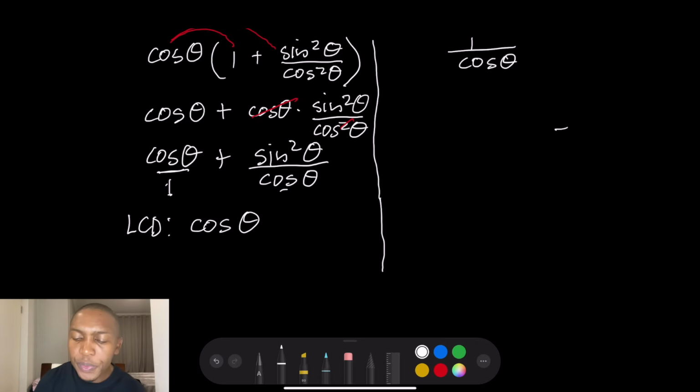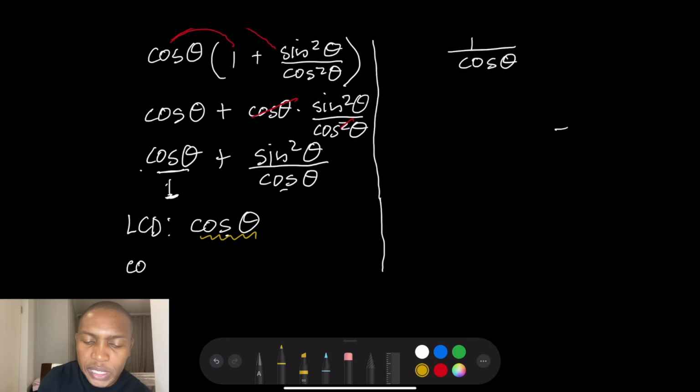So now, how do we work with fractions? We always take the LCD, we divide by the denominator. Our denominator is 1 in the first term, okay? So that's going to be cos of theta. So it's going to be LCD divided by the denominator. Let me just put that in color.